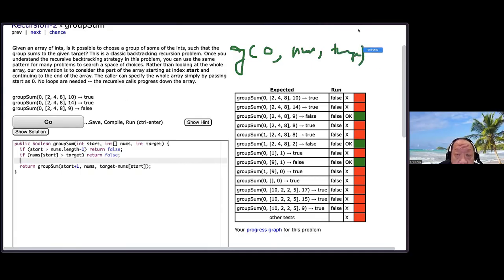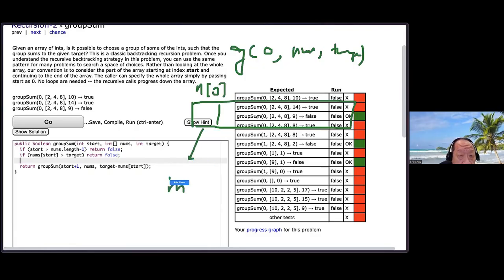So this one, you would actually work on the array. The first element, let's assume this is non-zero, can be in the sum or not in the sum. So let's assume that this is 2, 4, 8. 2 is in or out. If 2 is in, that's one case.